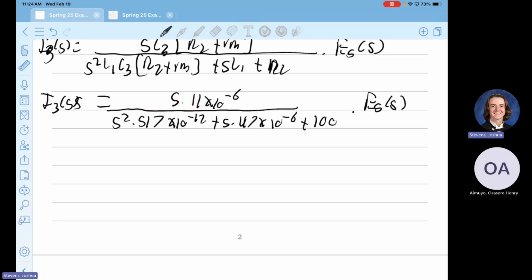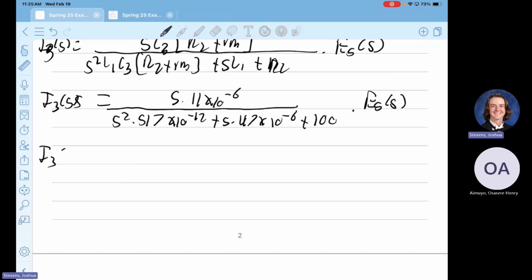Have y'all ever seen the form of K times N over D? We want to get this equation into that form, which is important for almost all of this computation. So I want a constant K, a numerator, and a denominator. To get that constant, we factor out all the terms multiplied by our highest form of S in the numerator and the denominator. Does that make sense? Okay, cool. So I'm going to do that now.